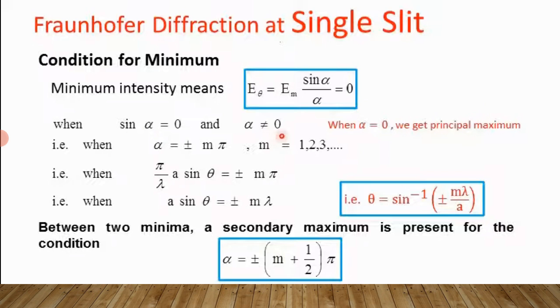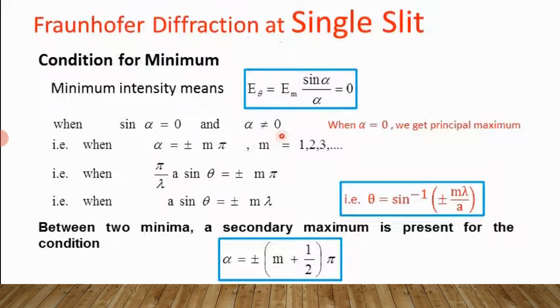Next, the condition for minima. Minimum intensity means E theta is equal to EM sin alpha upon alpha is equal to 0. Between two minima a secondary maximum is present. The condition for minima is sin alpha is equal to 0 but alpha not equal to 0. Then alpha is equal to plus or minus m pi, when pi upon lambda A sin theta is equal to plus or minus m pi.